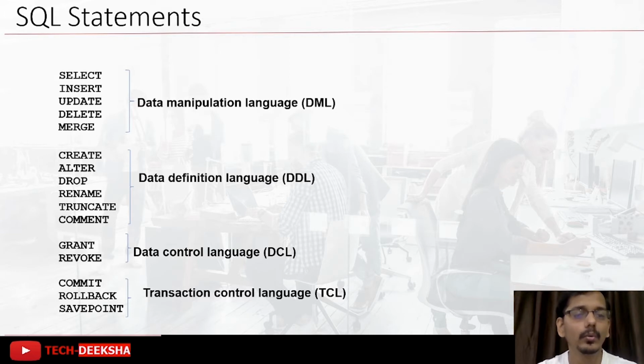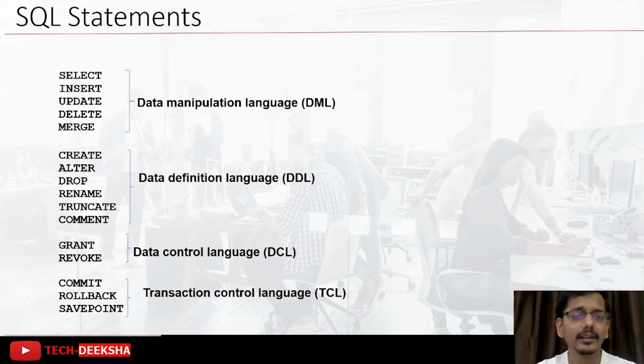If you want to do some alteration, like changing the data type or increasing the length, you can do it using your alter statement. Drop is used if you want to drop your table.